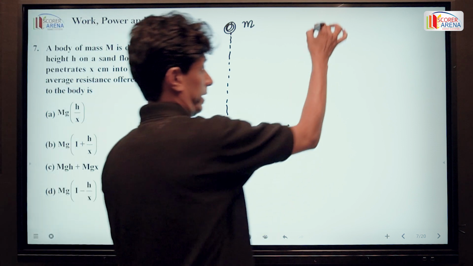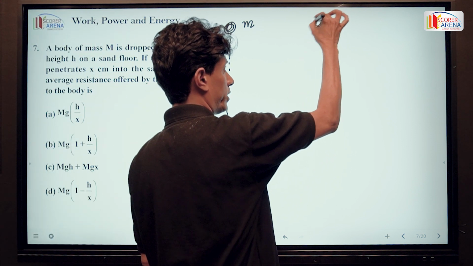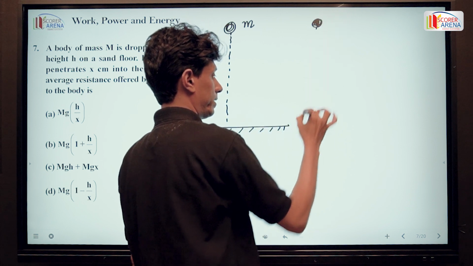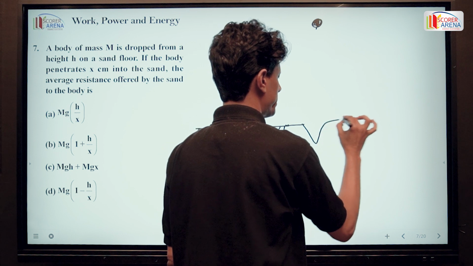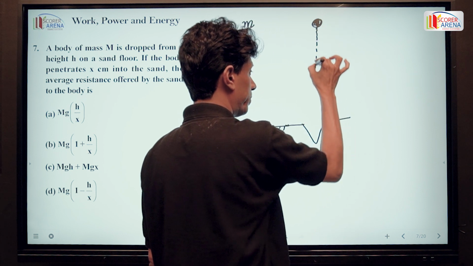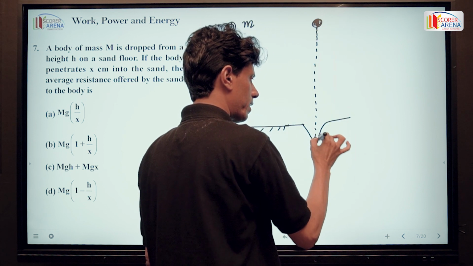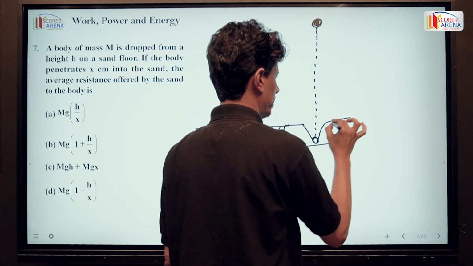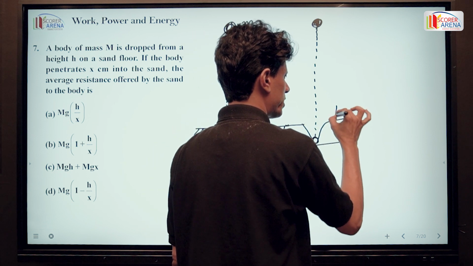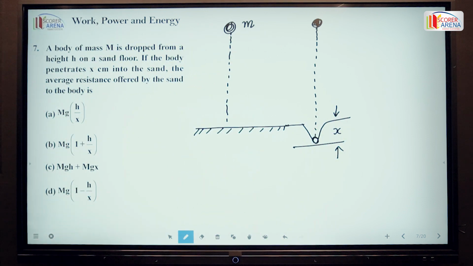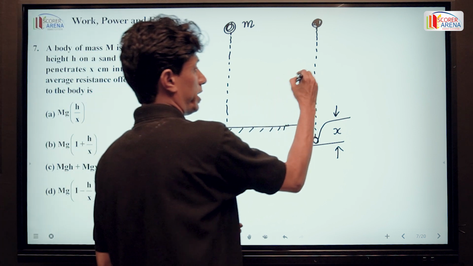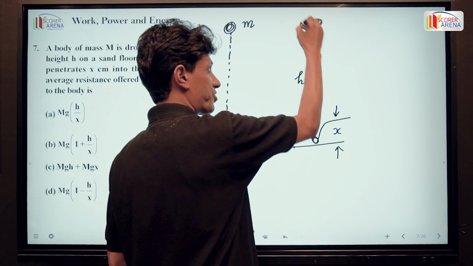And because of that, when the body is dropped from a certain height, we say that the deformation of the ground is x, it penetrates into the ground by an amount x, when it is dropped from height h.